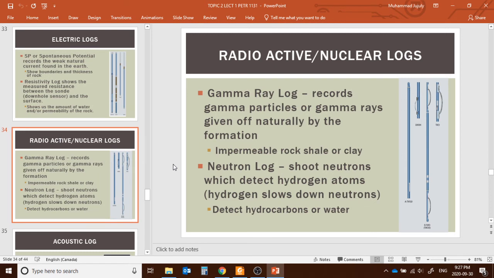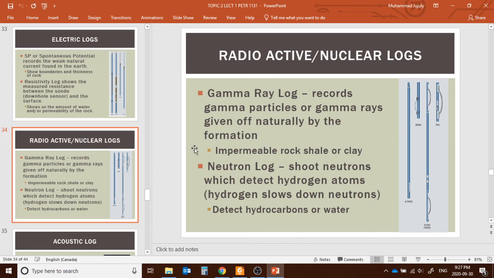The radioactive log, or the nuclear log: the gamma ray gives us information on the type of impermeable rock, the rock shale, or the clay. So this is one type of log we have, the gamma ray log. And we have another type that we call the neutron log, okay.